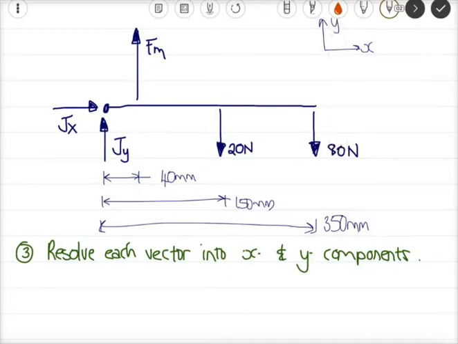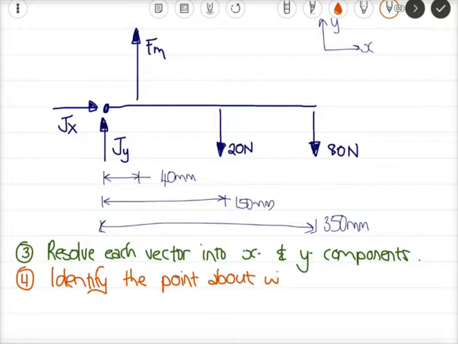Moving on, the next step in our strategy to solve problems of equilibrium is to identify the point about which to take the moment. Okay, so the point that you choose, in reality you could choose any point.